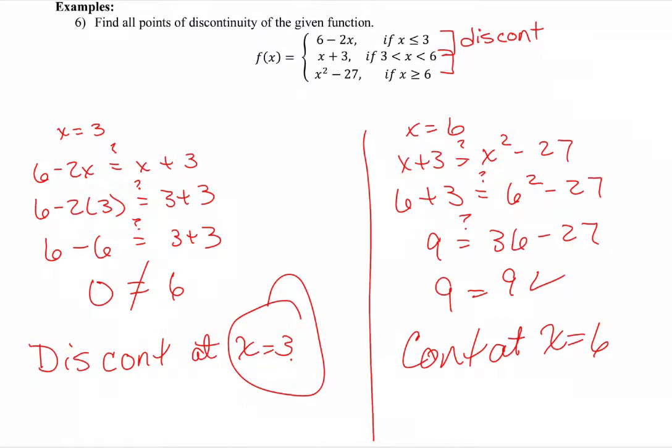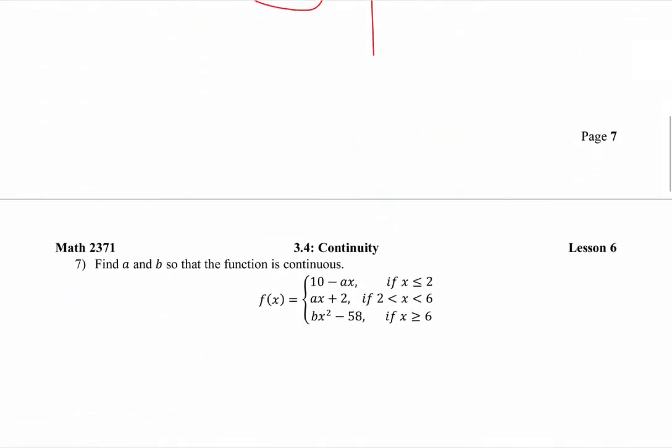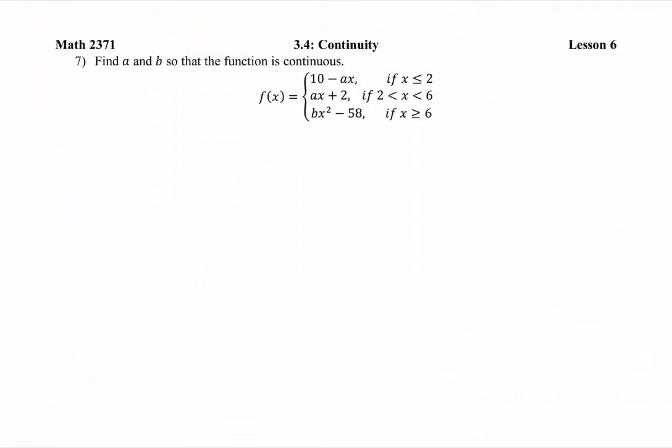All right? So now, for the next example, we want to find a and b so that this function is continuous. So I am again going to split my paper in half so I can work at x equals 2 over here and x equals 6 over here.